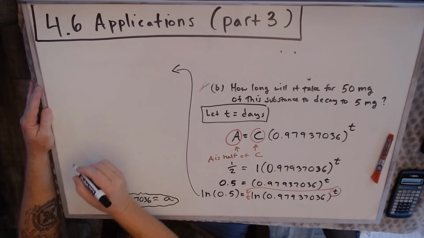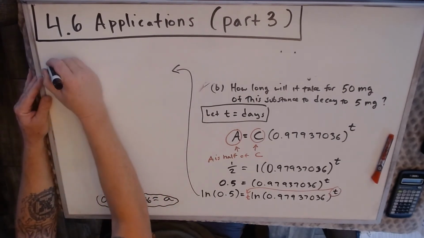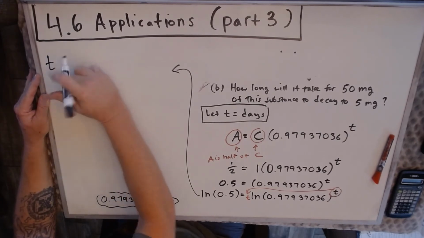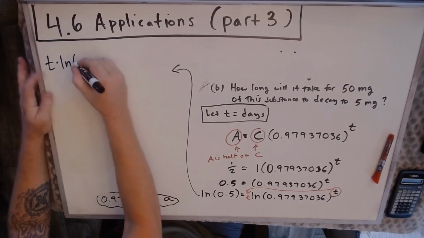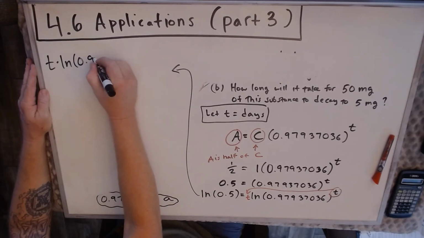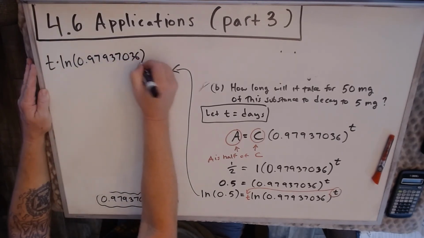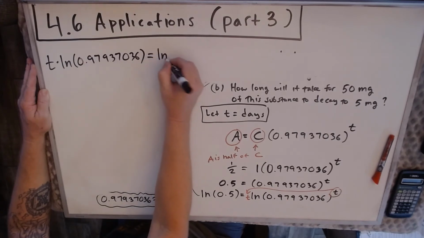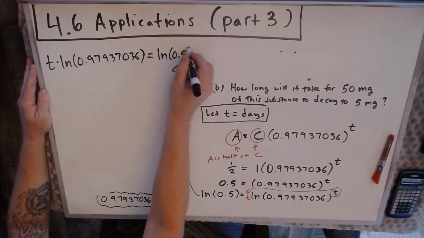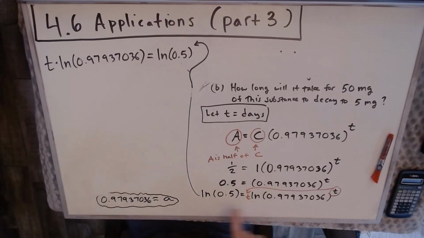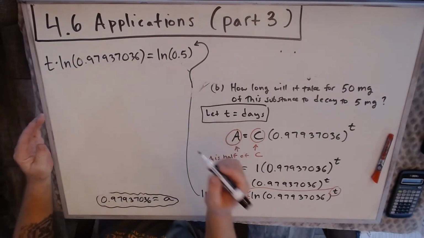So I'm just going to rewrite it like this. T times ln of 0.9793736 equals ln of 0.5. Just rearranging the order makes it look a little nicer.